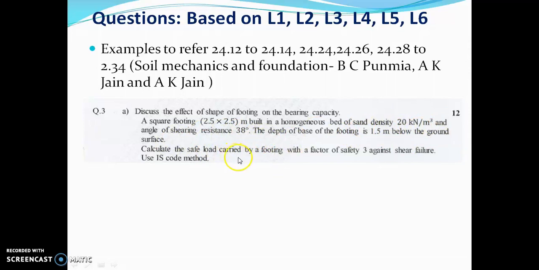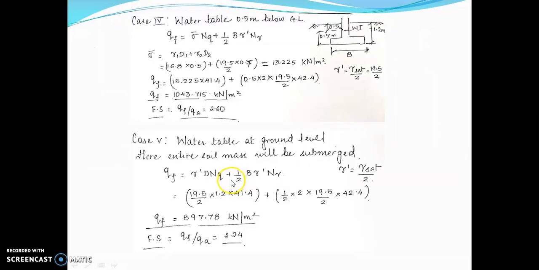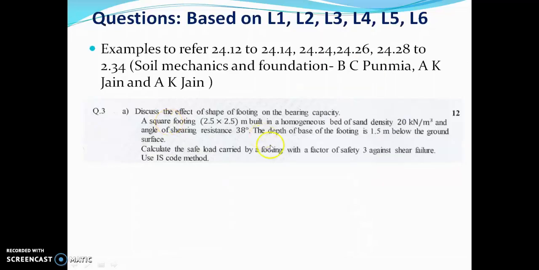Now, how do you calculate the safe load? So you will get the value of QF. QF, the ultimate bearing capacity, multiplied by this area will give you the load. So whatever QF you have found out here, if you multiply by the area, it will give you the load with a factor of safety of 3 against shear failure.